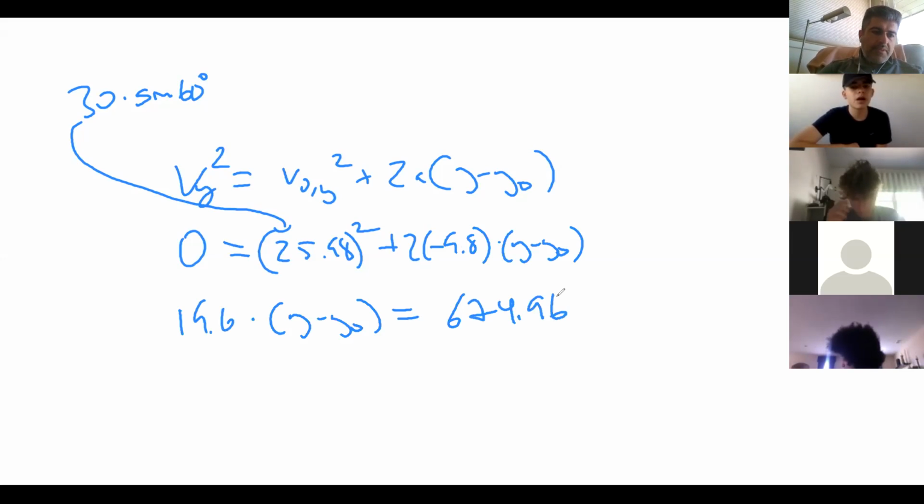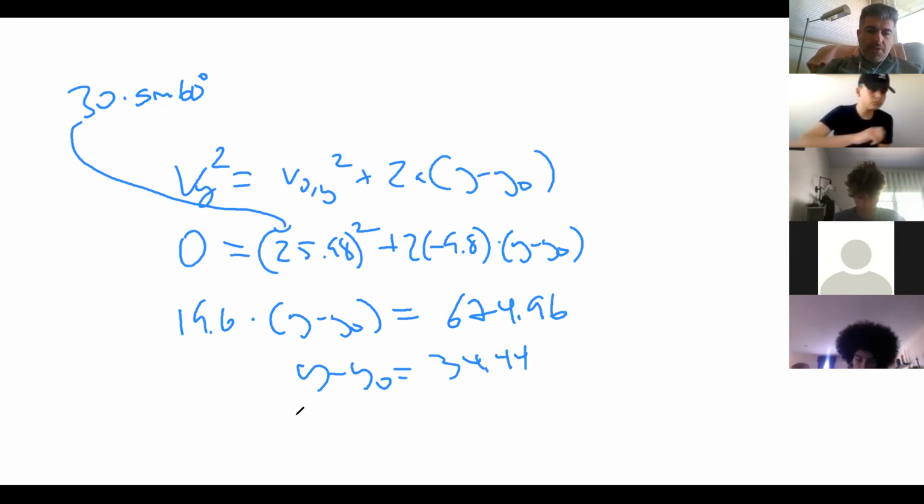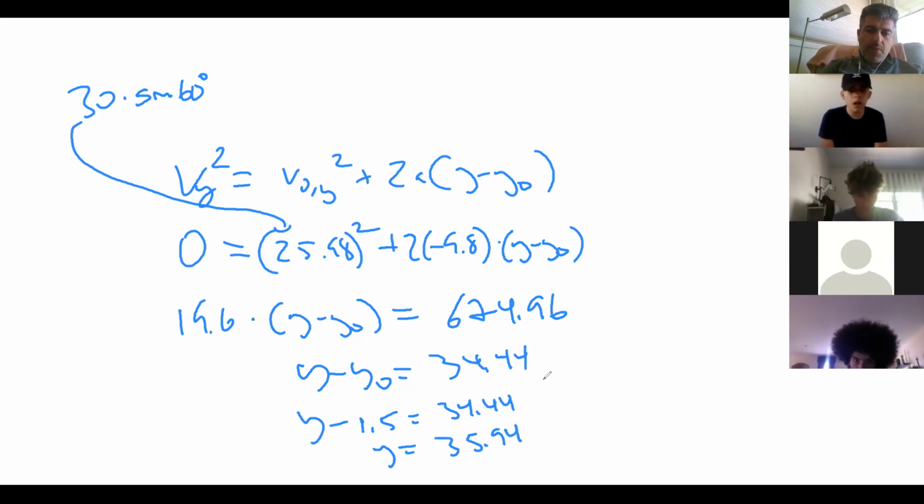Divided by 19.6, you get 34.44. And because your initial height is 1.5, add that over, and you should get 35.94, which is close enough to 36 meters.